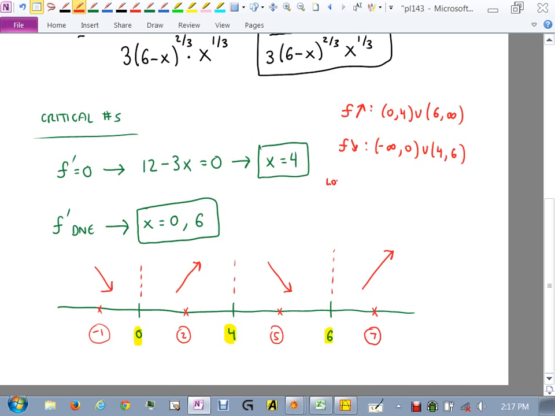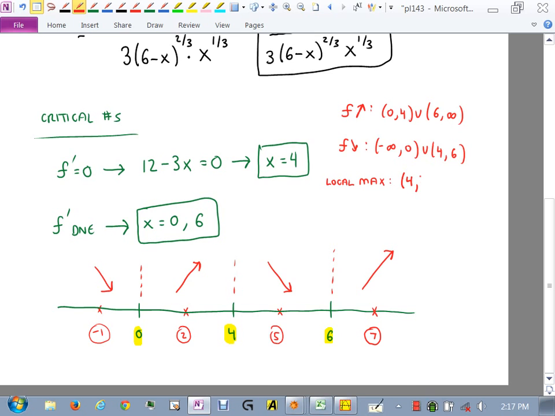What about local max? What are we looking for for a local max? A change in sign going up, then down, right? So it's happening at 4. That means I have to plug 4 into the function.